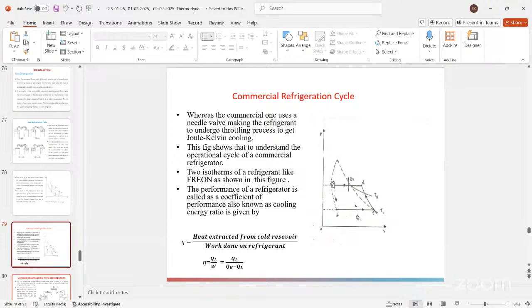Point A on the graph states the saturated freon at the temperature and pressure.